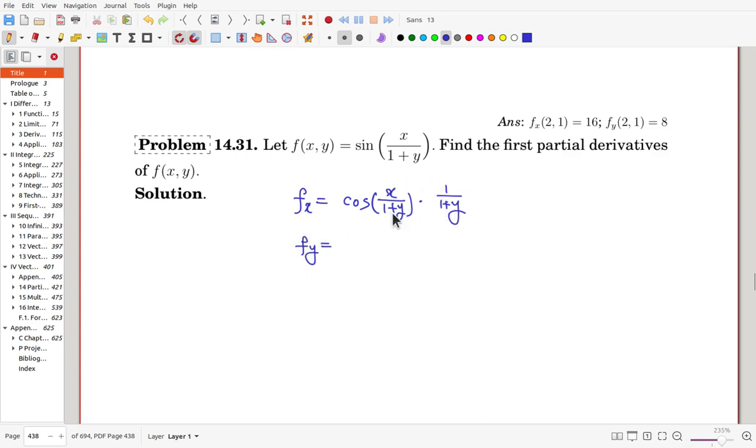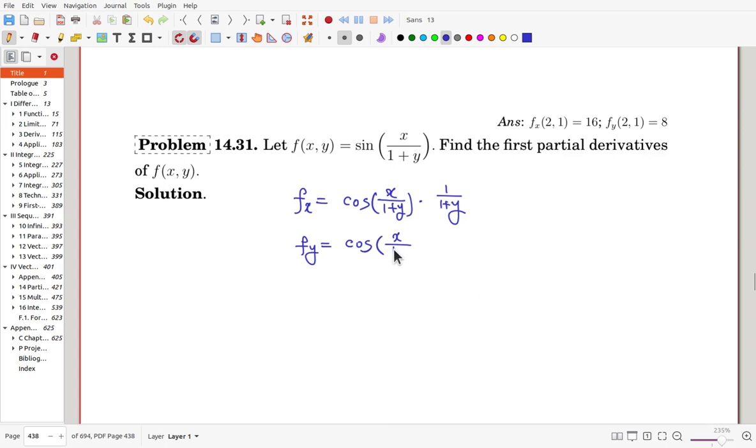Okay, how about f sub y? For that one, we are taking the derivative only with respect to y, considering x a constant. Now the y derivative. First we consider this as a block, and the derivative with respect to the block is cosine of x over 1 plus y. This is a kind of chain rule, right?